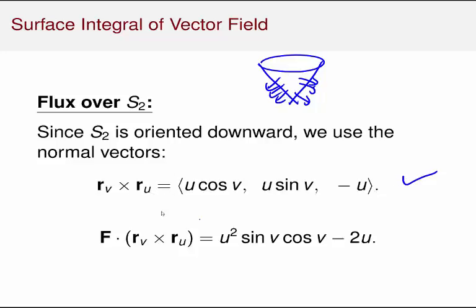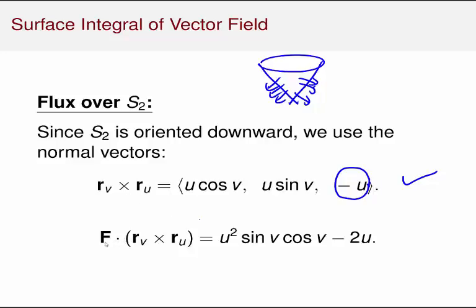Without showing you the calculation, the vector is given by the following components. Notice that the last entry is negative because the parameter u is generally positive. Hence, this vector r_v cross r_u is indeed pointing downwards.